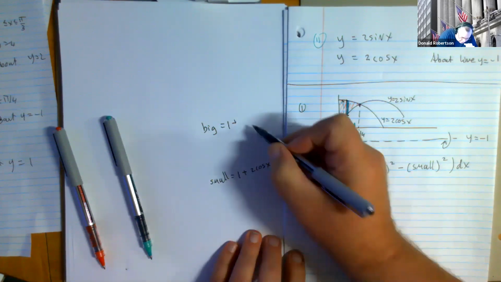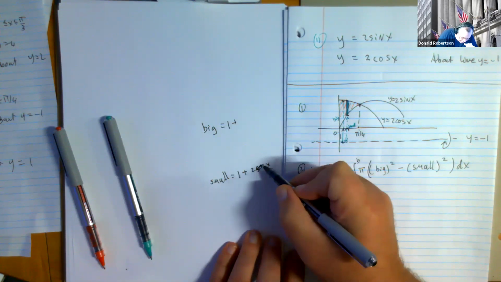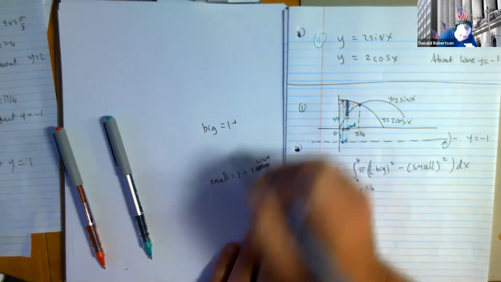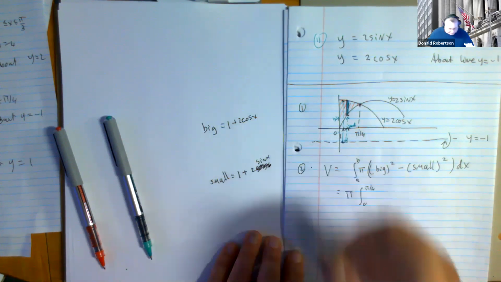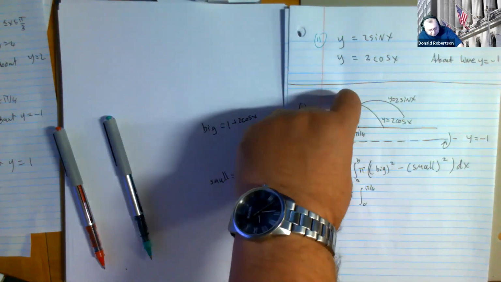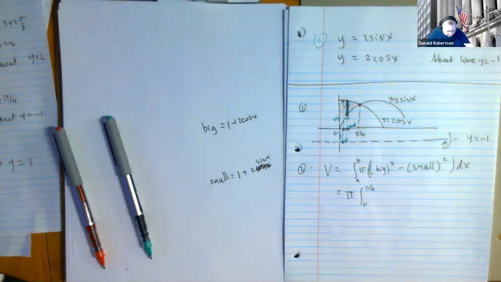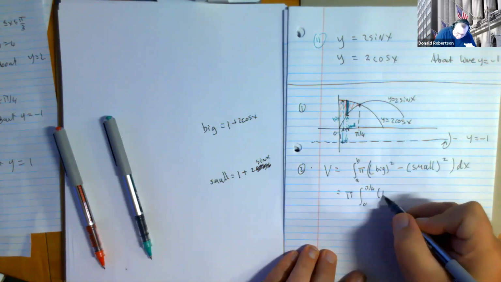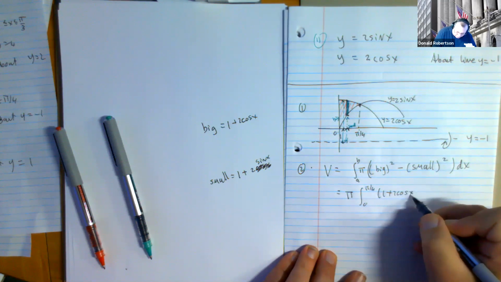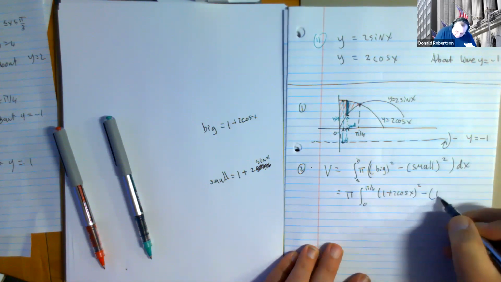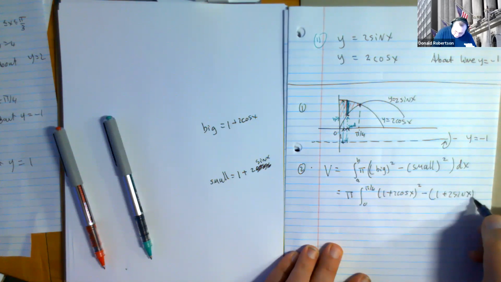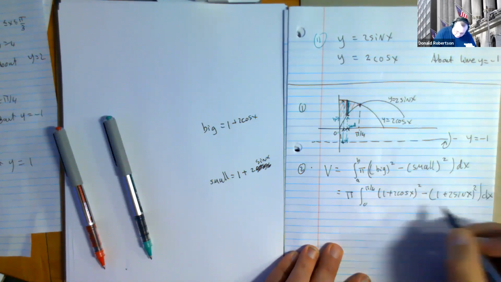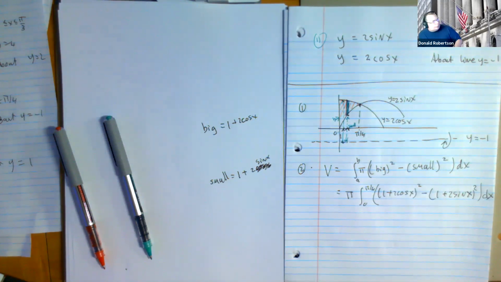And can I fix this? There we go. The big one is this guy, so that's a cosine. The little one is the sine. So big radius, 1 plus 2 cosine x, squared. Small radius, 1 plus 2 sine x, squared. So do you see in this case it was 1 plus a function, 1 plus the other function.